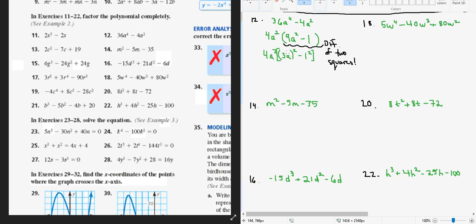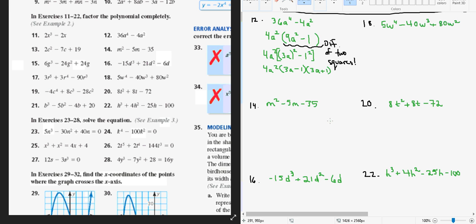So there's my quantity squared minus my other quantity squared, like a squared minus b squared, and then it's going to factor to a minus b times a plus b. So I've got my 4a squared out in front. The factored form of this binomial is my first quantity minus my second quantity times my first quantity plus my second quantity.